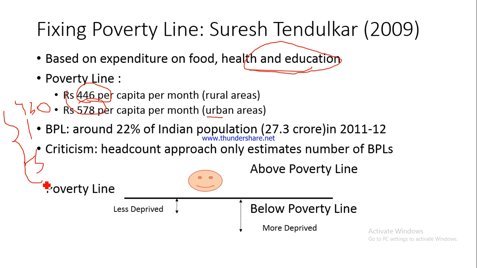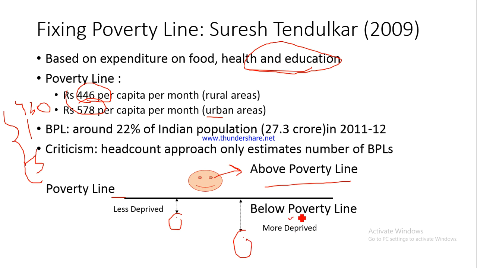I have shown you this using a diagram and illustration. So you know about the poverty line. This is the poverty line. And all those who are above the poverty line would be categorized as above poverty line. Naturally, they would be happy. But now this person is below poverty line, and this person is again below poverty line. But who is much below the poverty line?